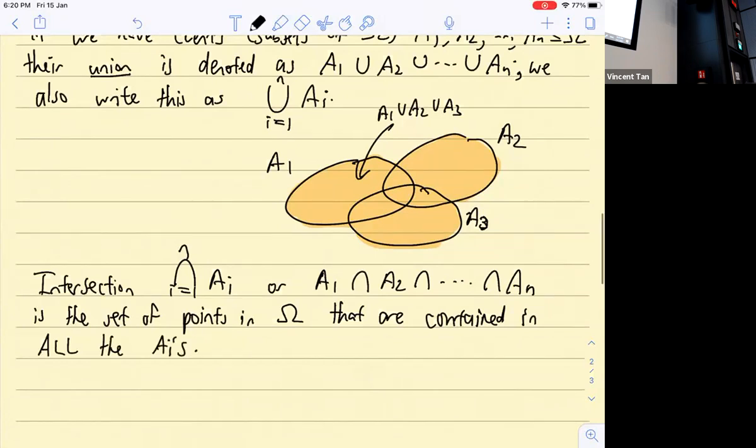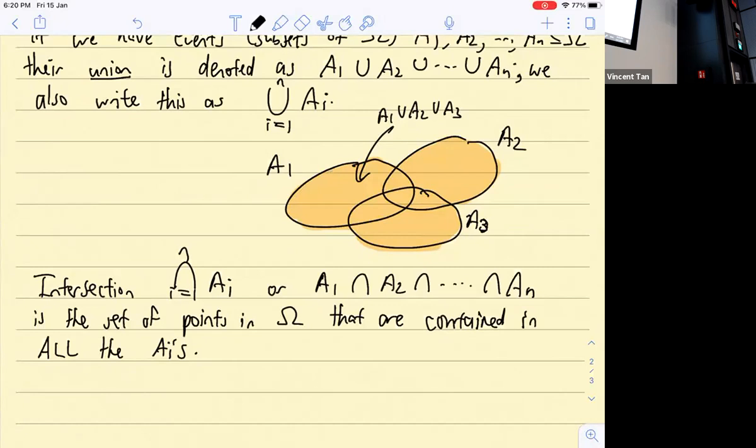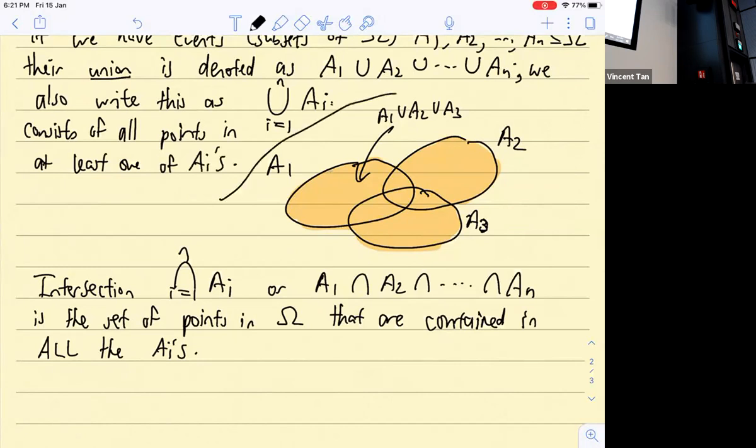The union consists of all points in at least one of the AIs. Sorry, this is not very beautiful.